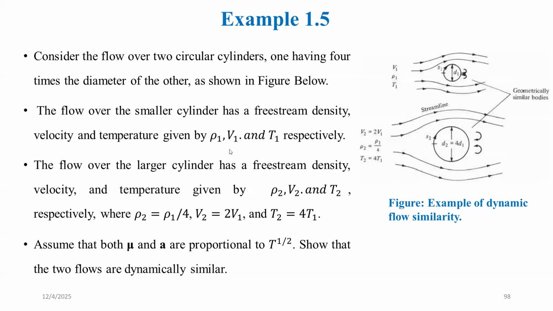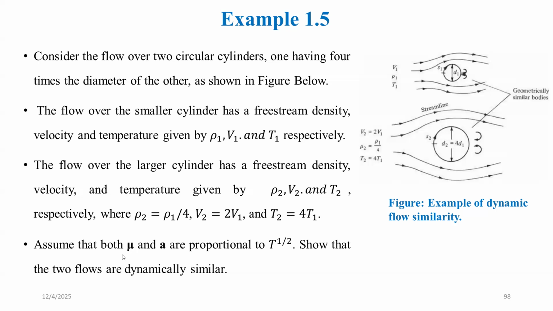The flow over the smaller cylinder has a free stream density, velocity, and temperature given by ρ1, V1, and T1. The flow over the larger cylinder also has a free stream density, velocity, and temperature, which are given by the relations as shown here.